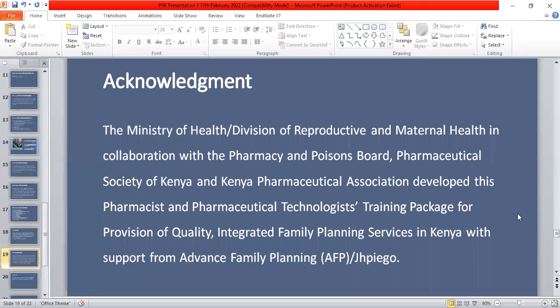So I want to acknowledge the Ministry of Health, Division of Reproductive and Maternal Health, in collaboration with the Pharmacy and Poisons Board, PSK, KPA, that developed this training package for provision of quality integrated family planning services in Kenya.